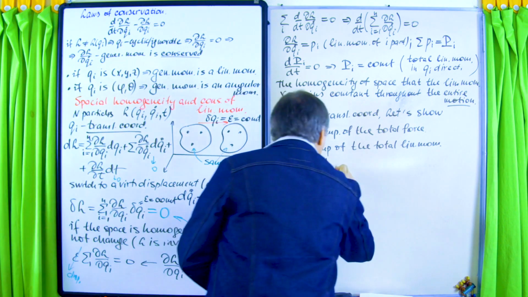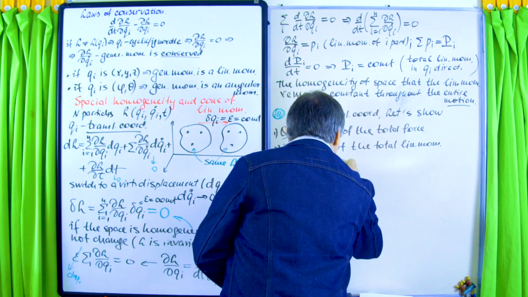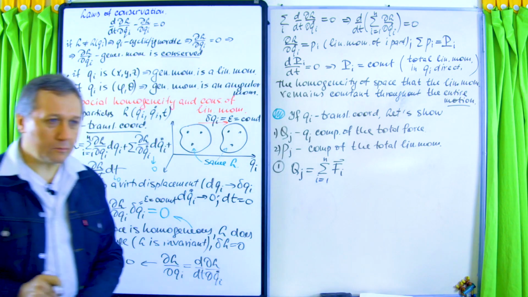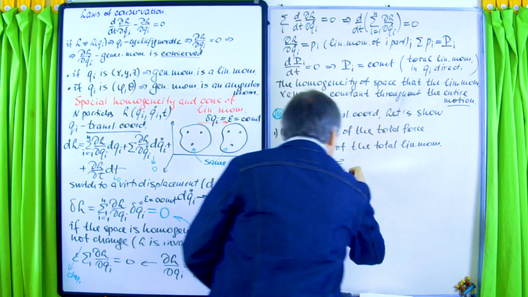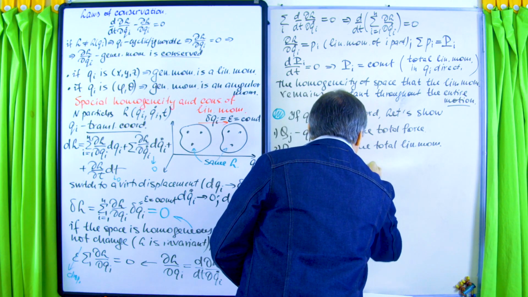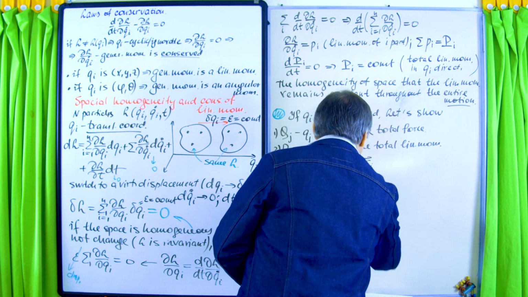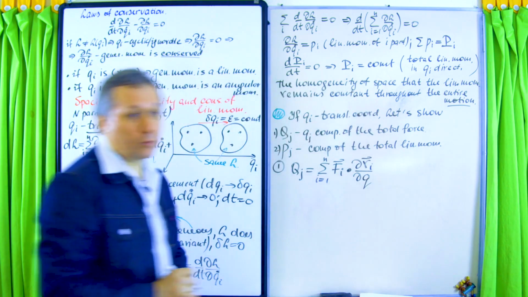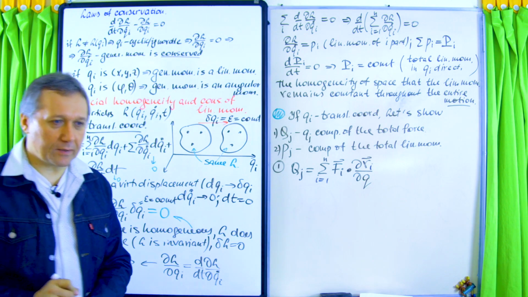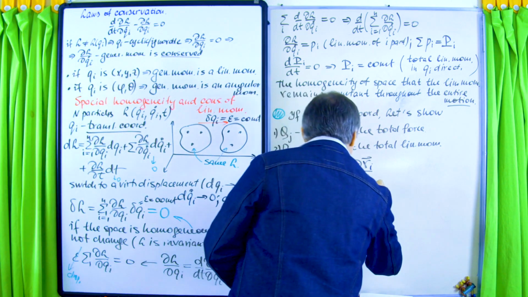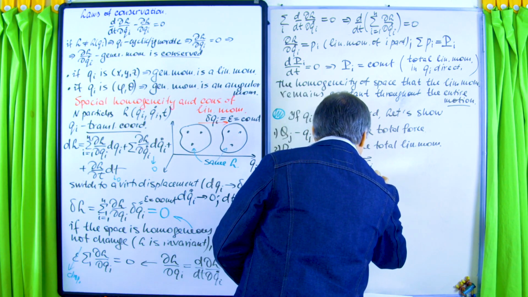And that dot product, the actual force, dotted with the partial derivative of all coordinates, which are linearly dependent, with respect to the linearly independent generalized coordinates, right?